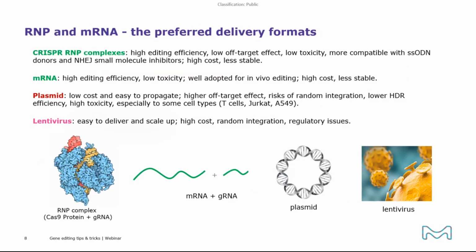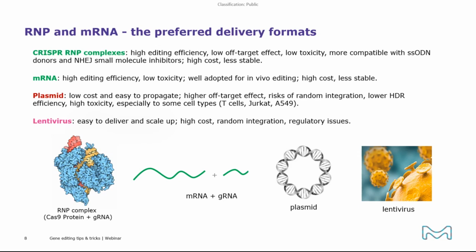The physical form of a nuclease you introduce into a cell can be critical to your editing outcomes. In the past, we used plasmid DNA, mRNA, or viruses for delivering a nuclease. And now with CRISPR, we have a new form of delivery in RNP complexes.